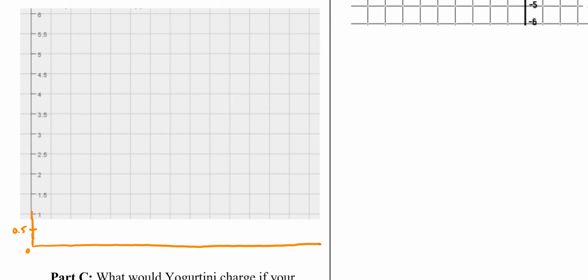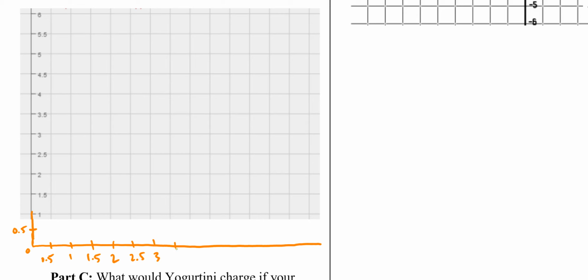So for whatever reason, when I imported this, it got cut off. Each one of these tick marks is 1/2 of a pound. So we have our x-axis counting by 1/2 of pounds, and our y-axis is counting by 50 cents.